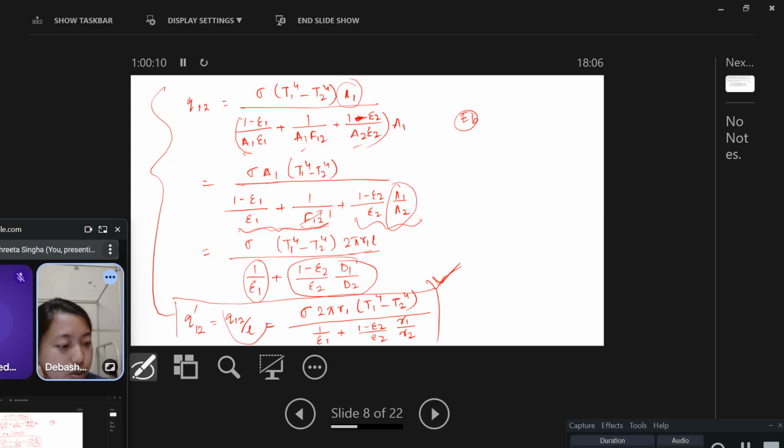Then if you calculate per unit length, the numerator was 2 pi R1 L, so L gets cancelled, only 2 pi R1 remains, and the final form is this.